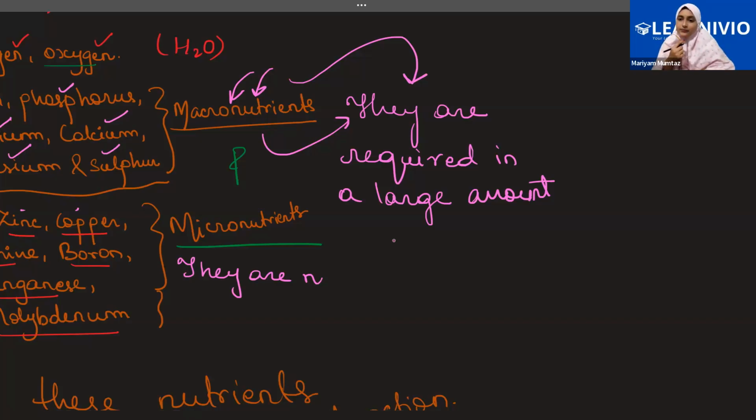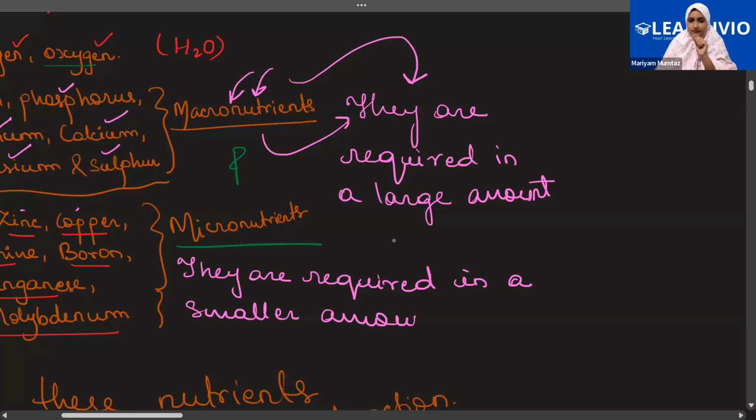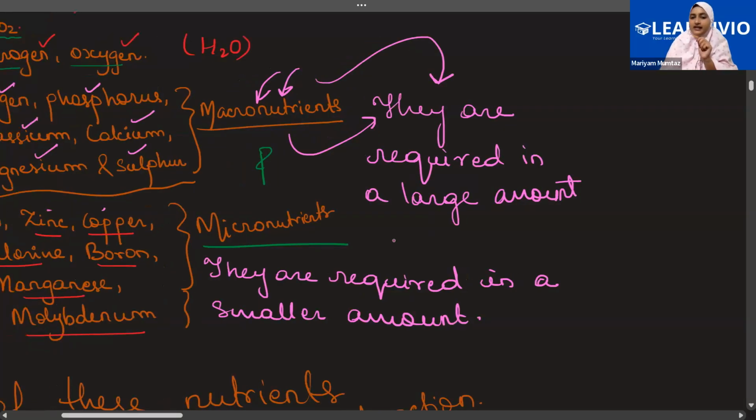No, we don't. So macronutrients are required in a large amount, and micronutrients are required in a smaller amount.